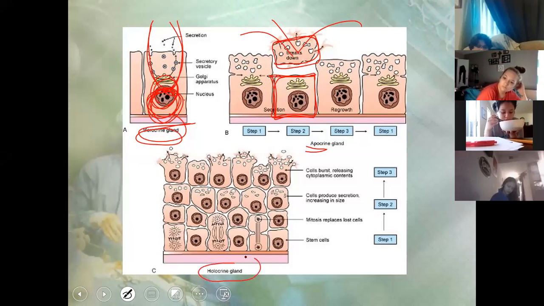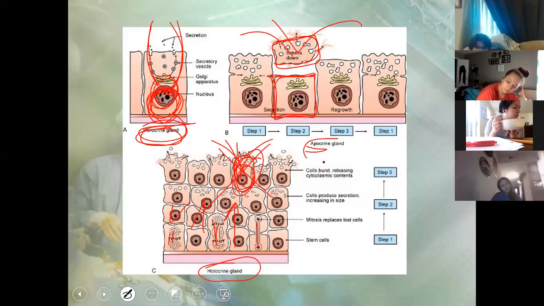Here we have holocrine. I think of that because holo is whole. And this is where we have our cells here dividing by mitosis. And as they go up and up and up, they're the top layer, the whole content of the cell is going to be removed, and the cell itself, bam, bam, sacrificed. So merocrine, think of your meerkat. Apocrine, think of the prefix apo. Holocrine, whole.